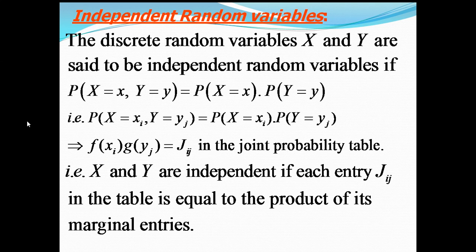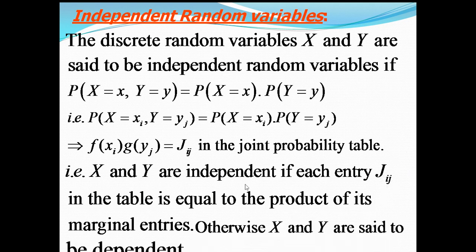The meaning is, in the joint probability table, the product of its marginal entries, that is f(x1), f(x2), and so on up to f(xm), and at the bottom, g(y1), g(y2), and so on up to g(yn), is equal to fij. Then X and Y are called independent. Otherwise, X and Y are said to be dependent. So this is about independent random variables.